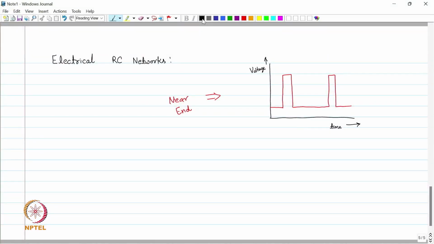But when we receive these signals at the far end, they don't look like this. When we receive at the far end, they look something like having some exponents. For example, they will look like this.